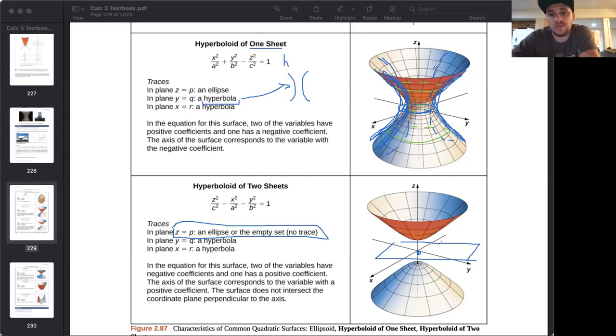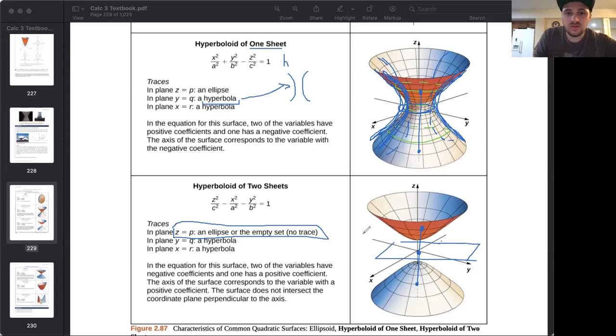And you can see the difference here is there are two disjoint components. This graph is not connected, right? There's no surface between these two points, but here there is surface between these two points, which means this is a hyperboloid of two sheets and this is a hyperboloid of one sheet. And again, they'll look the same in terms of traces if you pick the right z value.